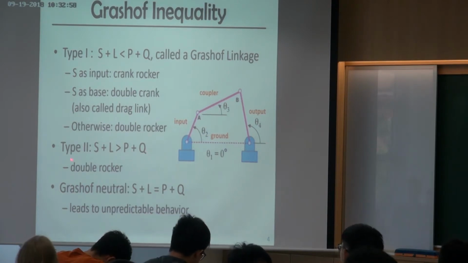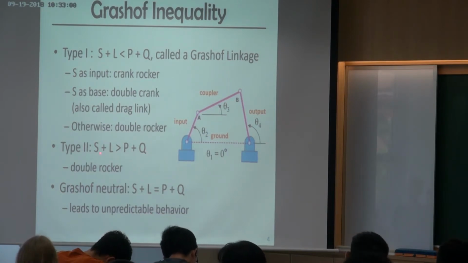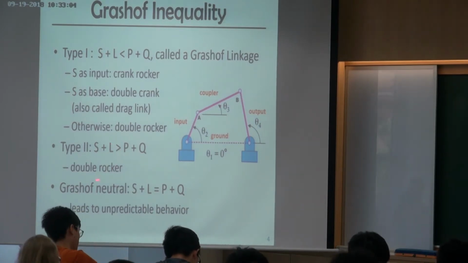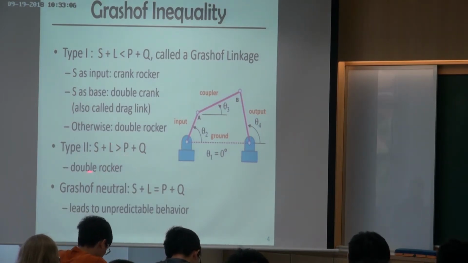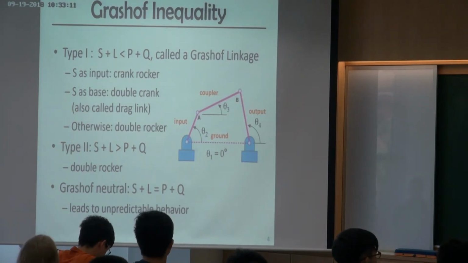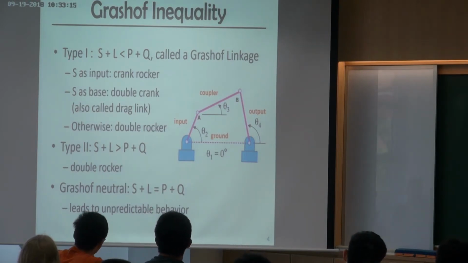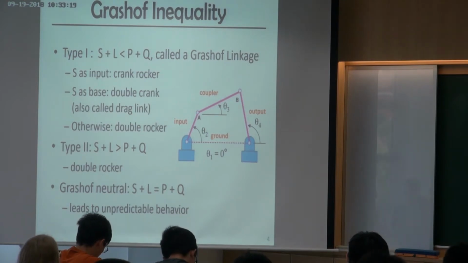If the inequality is in this form, the shortest one plus the longest one is larger than P plus Q, then whichever one you fix, whichever one you use as input, they will always perform like a double rocker. So usually we use this configuration, this type 1.